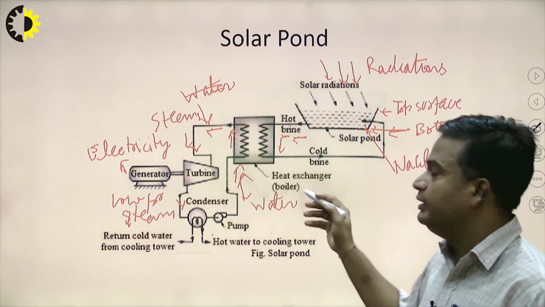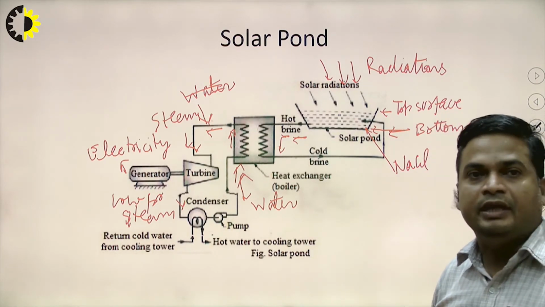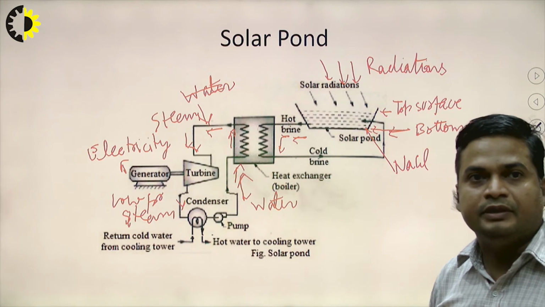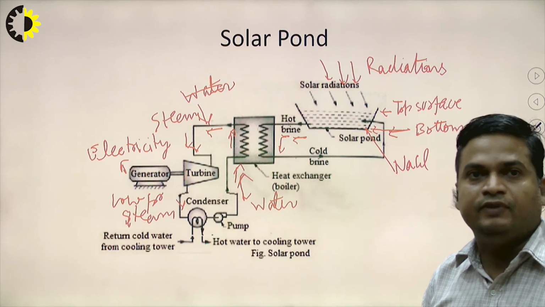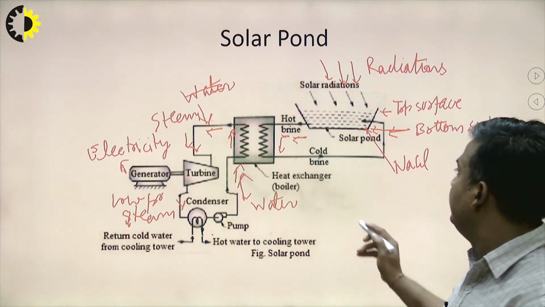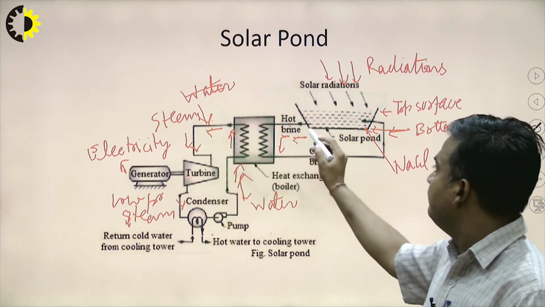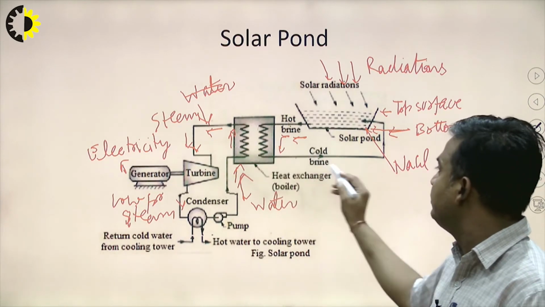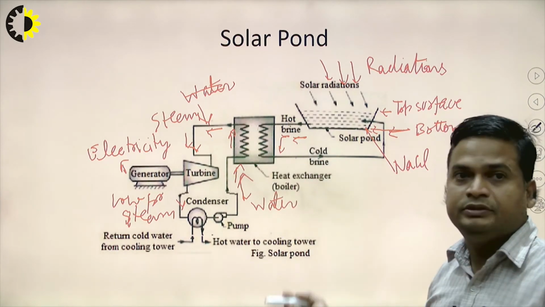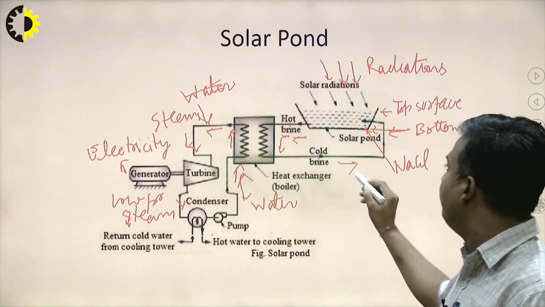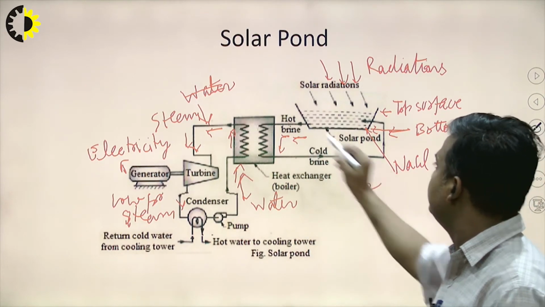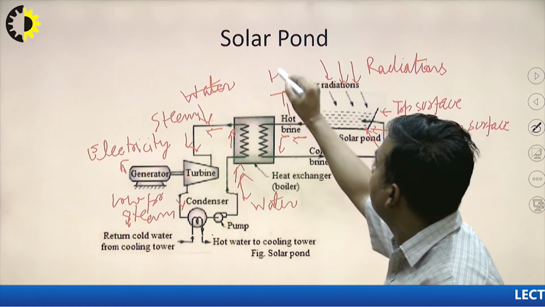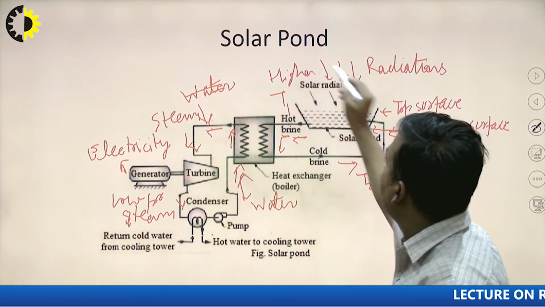This way the solar pond works, and it is basically used for generation of electricity. Similarly, after the hot brine transfers its energy to the water, the temperature of this brine is reduced, and this cold brine has temperature T2. So T1 is higher, T2 is lower.